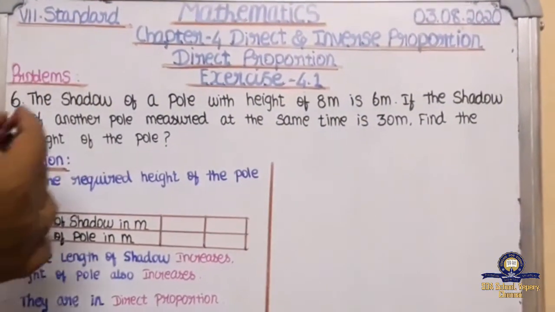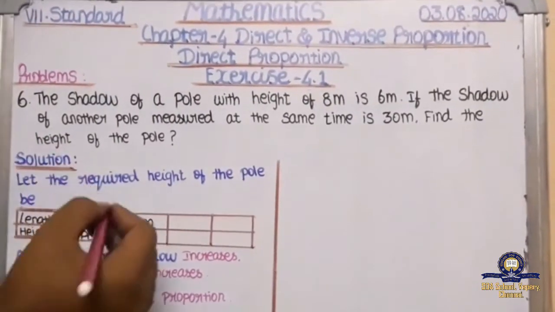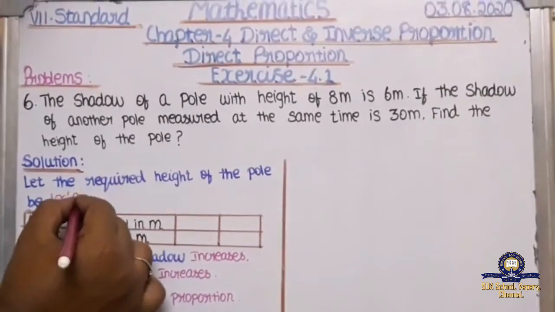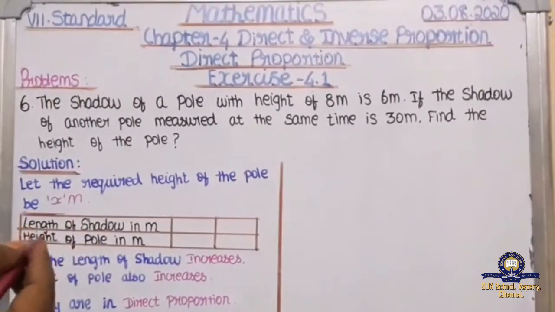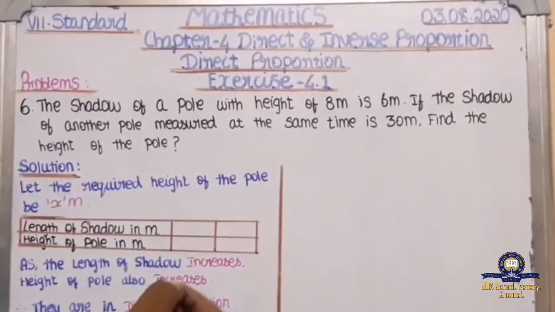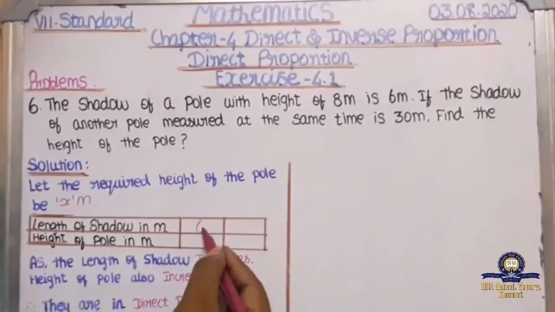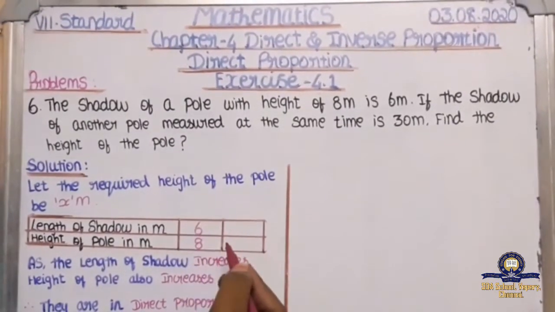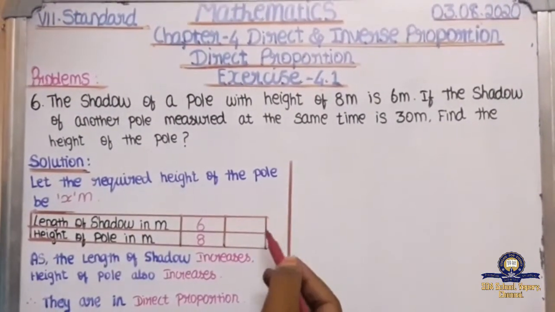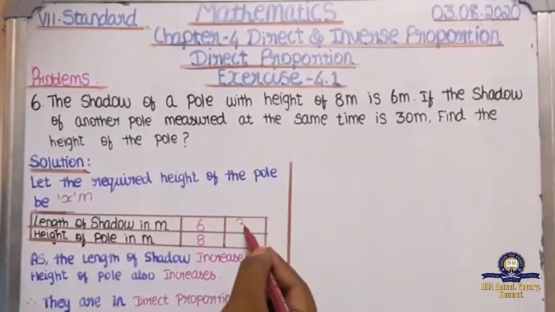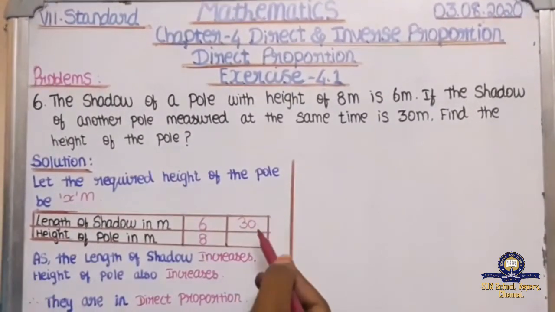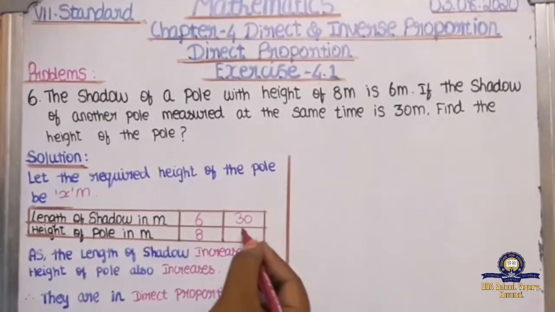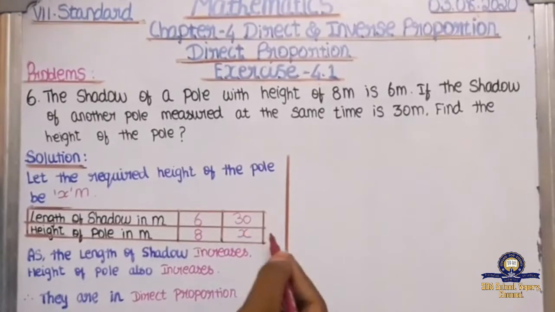So, let the required height of the pole be taken as x meter. From this, the length of the shadow in meter is 6. For length 6, they gave the height as 8 meter. And then, the given length of the shadow is 30 meter. We need to find the height of the pole for 30 meter. We didn't know the value, so let us take it as x.